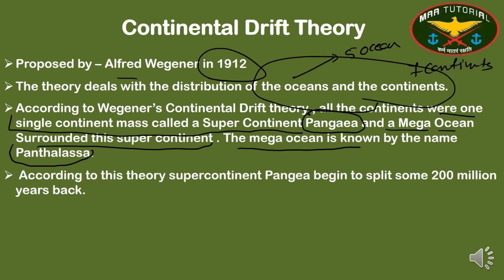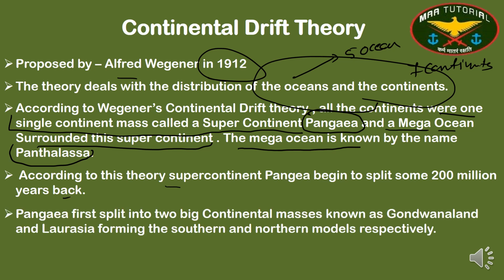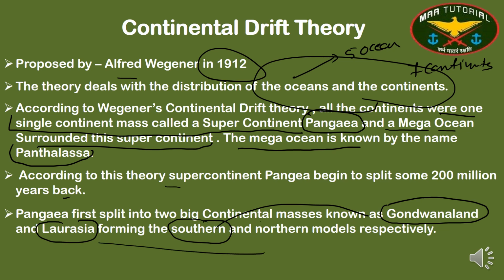According to the theory, the supercontinent Pangea began to split about 200 million years back. Pangea first split into 2 big continental masses, known as Gondwana land and Laurasia. Gondwana was the southern part of Pangea and Laurasia was the northern part.